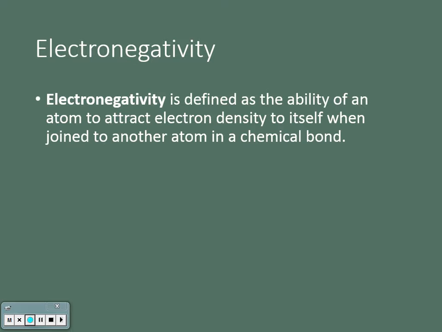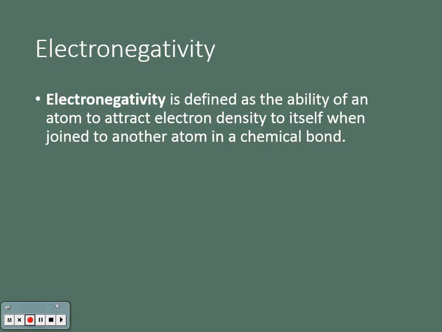And so electronegativity. Electronegativity is basically a measure of how much an atom wants to gain electrons. All nonmetals want to gain electrons, but some want to gain electrons more than other atoms. Right?